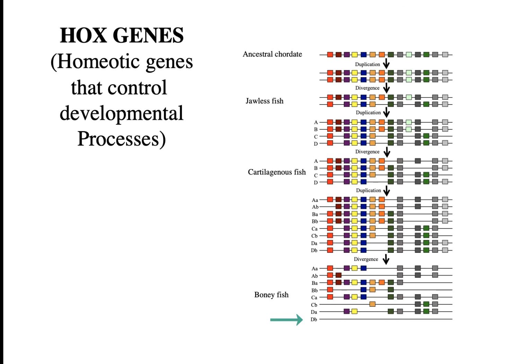But in general, each one of the genes is free to mutate, and that's how you get this diversification in body type, body style, where the arms are formed, where the fins are formed, etc.